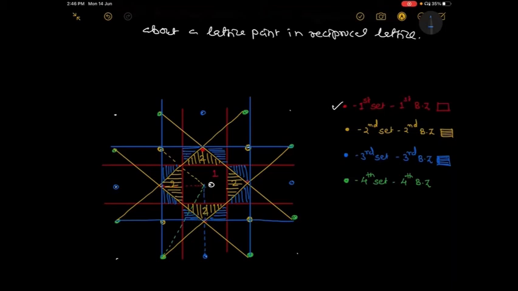In that figure, the first, second and third Brillouin zones we have completely drawn here.